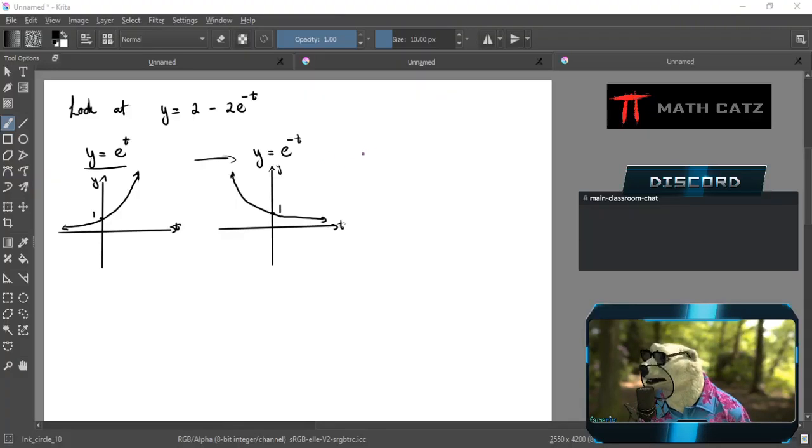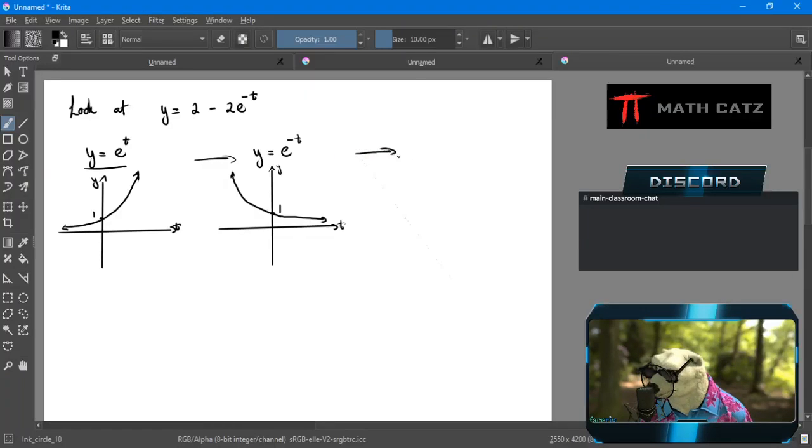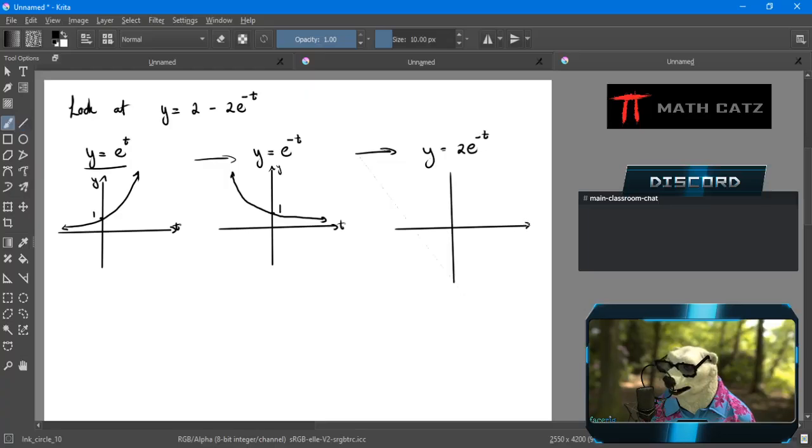Now, what's next here? I could perhaps multiply the whole right-hand side by 2, 2e to the negative t. What happens to the graph? Well, not much.